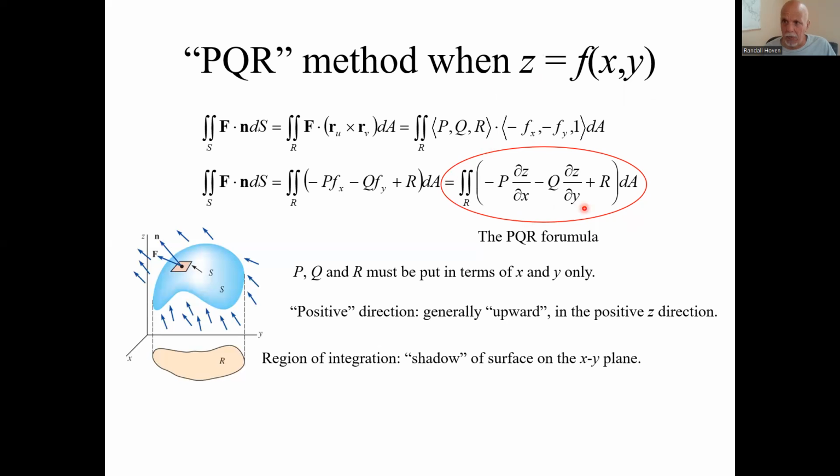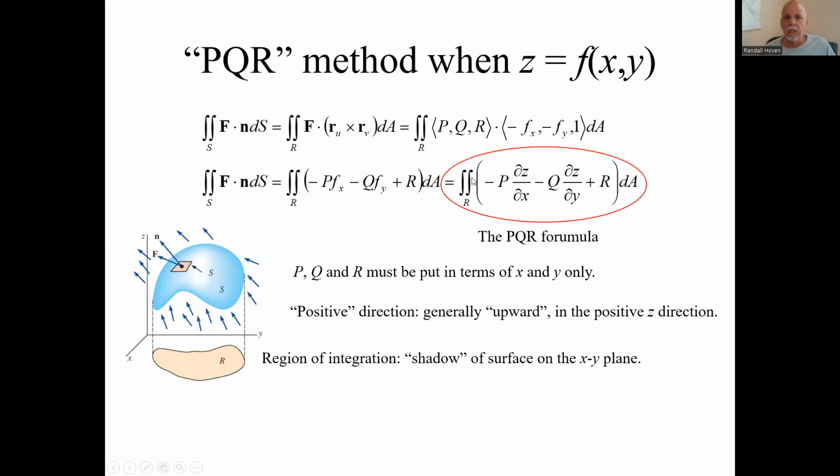That's what I call in my course the PQR formula. The convention for what positive will mean will be in the positive z direction. And what you integrate, now this picture, this region down in the XY plane has meaning.